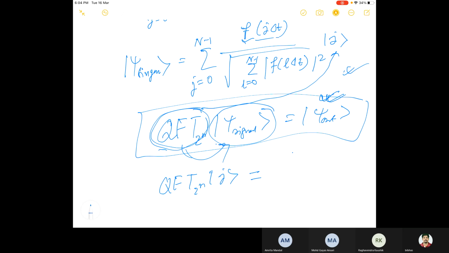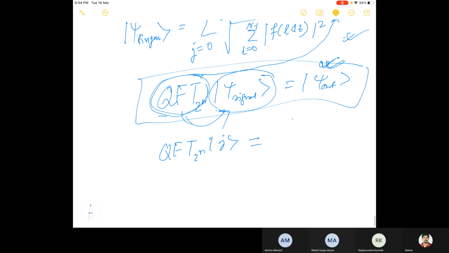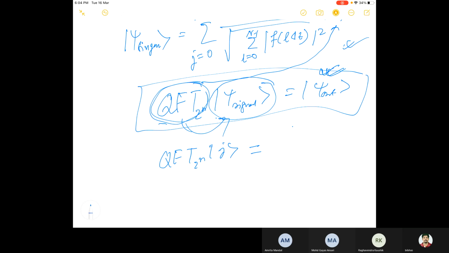Let me define how the QFT transforms a particular basis state. I define it this way: QFT acting on the basis element j is 1 over the square root of 2 to the power n, sum over k equal to 0 to 2 to the power n minus 1, of e to the power 2 pi i j k by 2 to the power n, times the basis state k.